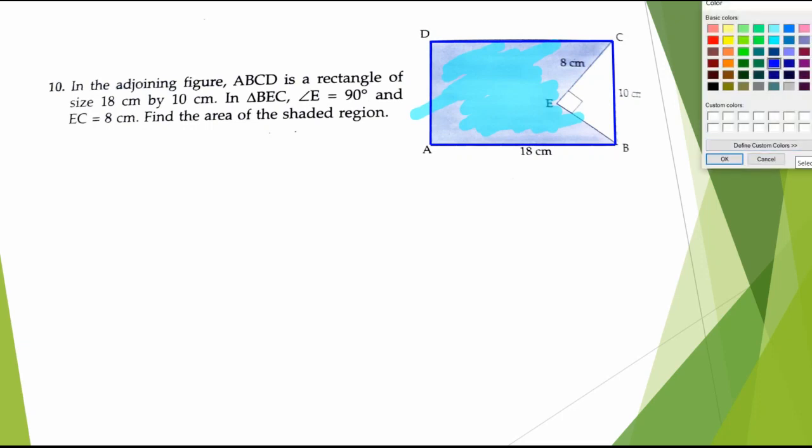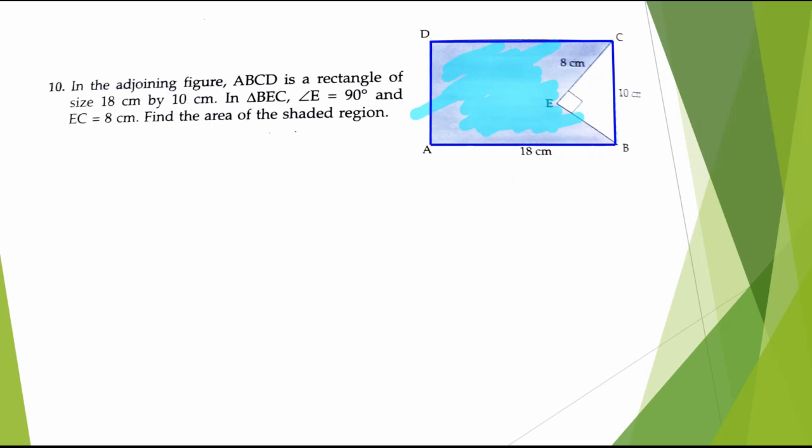If we subtract the area of this triangle from the rectangle which is colored blue here, the blue colored rectangle minus the red colored triangle, then we get the remaining area, the area of the shaded area.